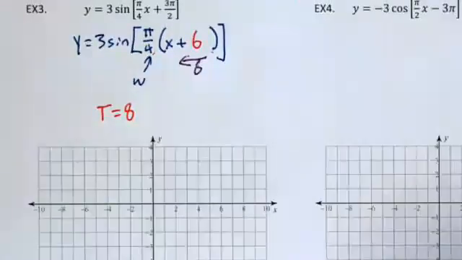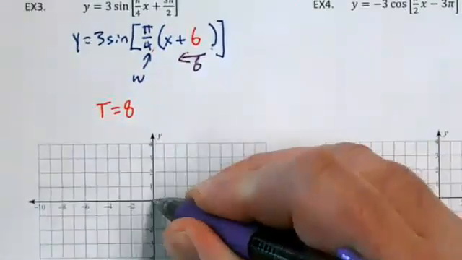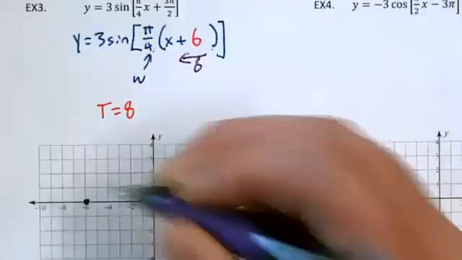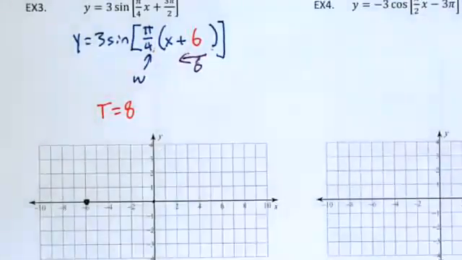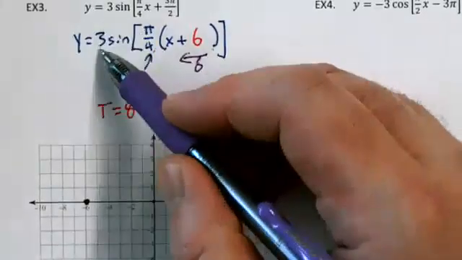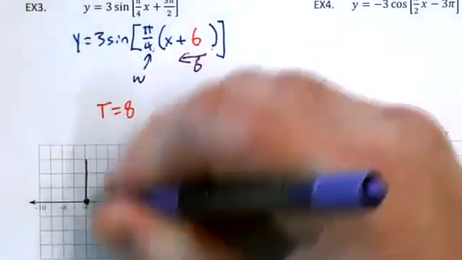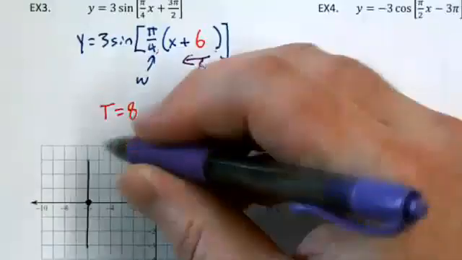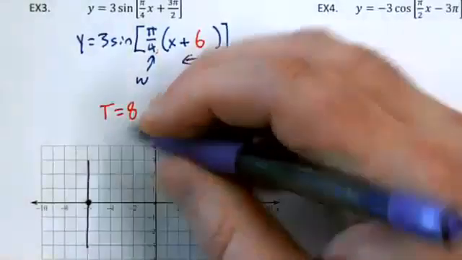Okay, so anchor points usually at the origin. We're going to shift to the left by 6 and anchor it right there. The amplitude of 3 tells me how far up and down I'll go from there. And our period's going to be 8 this time.